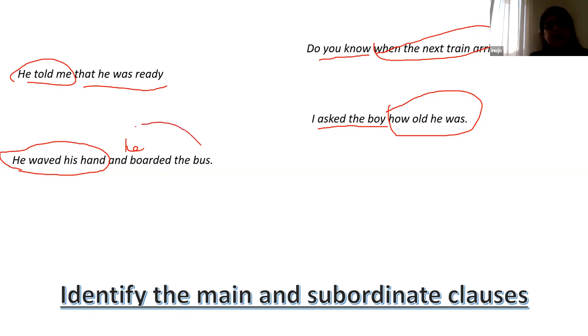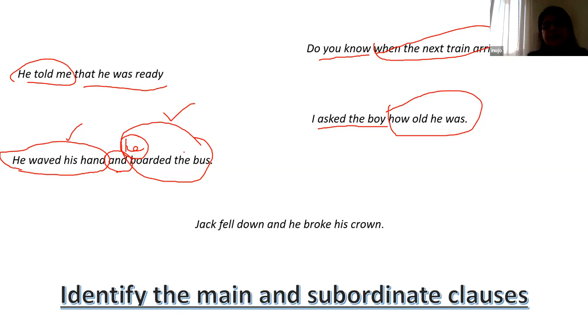Hence, these are two main clauses, children. Boarded the bus is not a subordinate clause because we are using this conjunction and. Wherever you see the conjunction and, it is always two main clauses or two simple sentences which are being clubbed together. Hence, this is also a main clause. He waved his hand and he boarded the bus. Although he is silent, it means there is a he. Hence, both these sentences are main clauses, and there's no subordinate clause in this particular sentence.